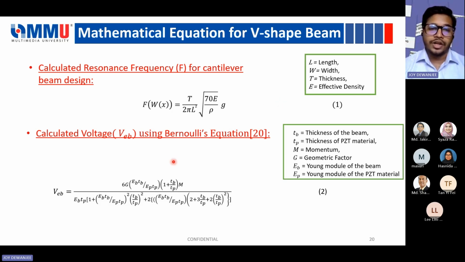Another one is the voltage equation for the cantilever beam, where PV is the thickness of the beam, PP is the thickness of the PZT material, with the momentum, geometric factor, Young's modulus of the beam, and EP is the Young's modulus of the PZT material.